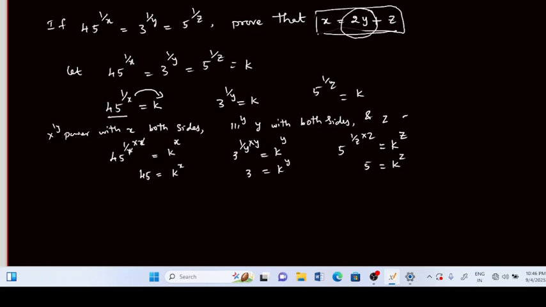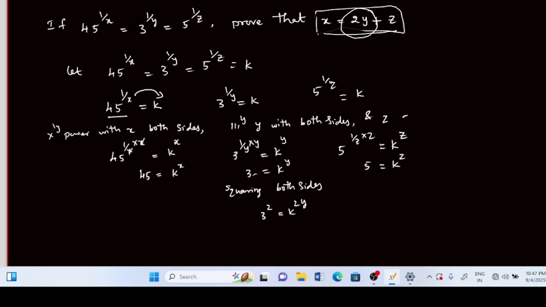Here we have 3 equal to k power y. So first we must write this as power 2y. So for that we multiply the power, squaring both sides. So we can write it as 3 square equal to k power 2y.